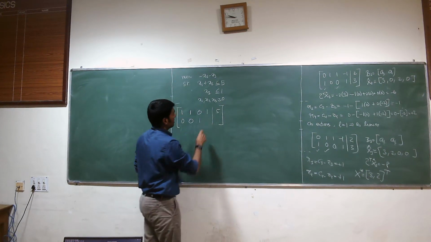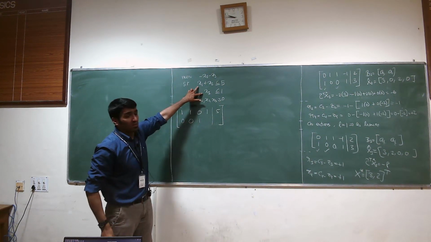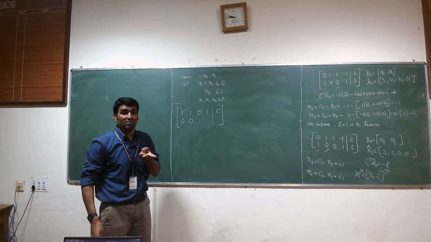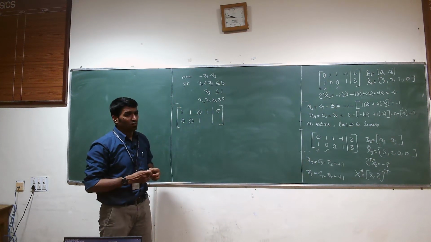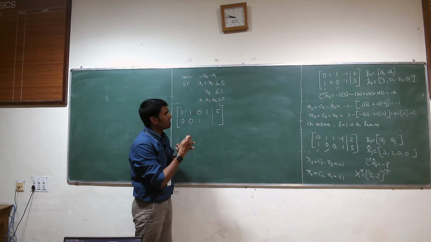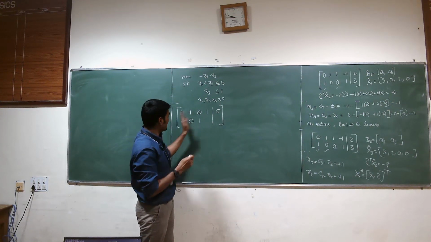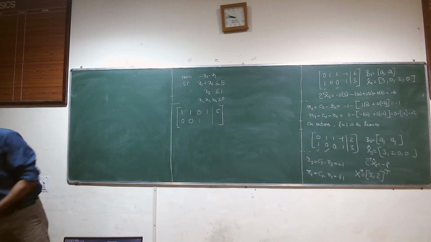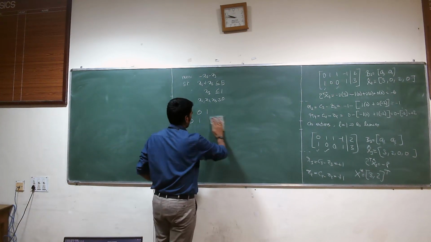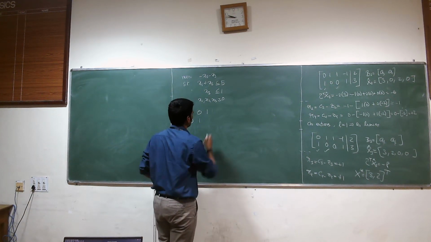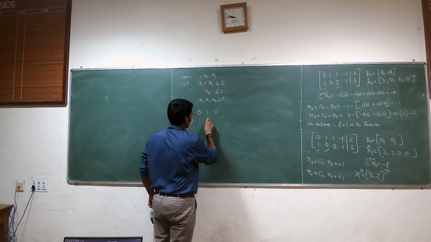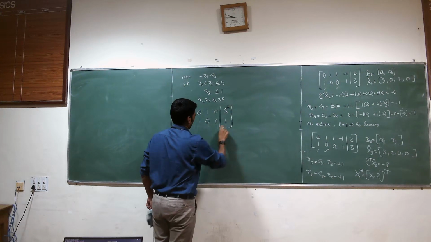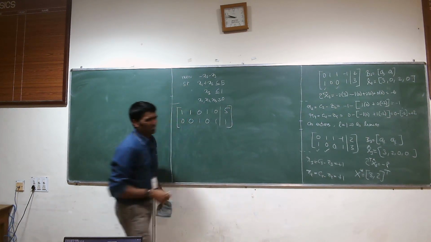No. There are 3 variables, and there are 2 inequalities. That means we need at least 2 more slack variables, right? Slack variables or dummy variables. That means there have to be 5 columns.